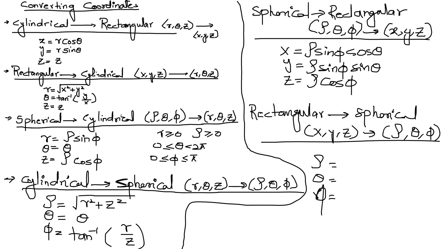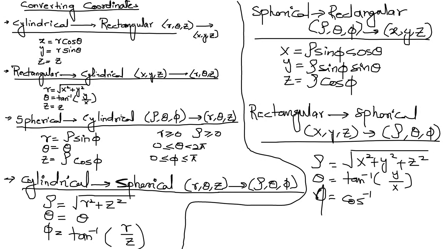Rho is equal to the square root of x squared plus y squared plus z squared. Theta is equal to tangent inverse of y over x. And phi is cosine inverse of z over rho. So these are the 6 formulas you should remember at your fingertips.